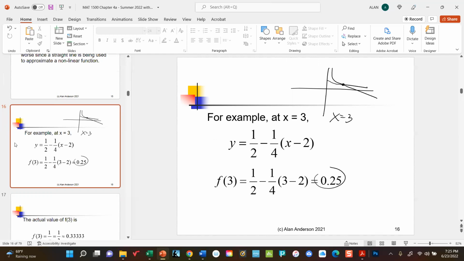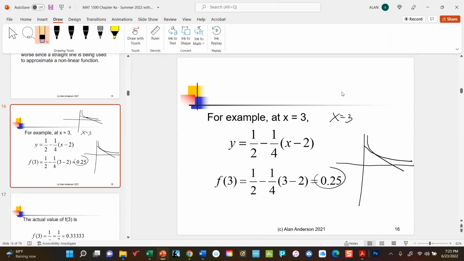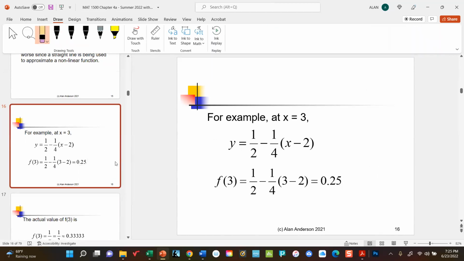Actually, I'm not drawing this very well at all. Let me try that again. Okay, let's, oh my God. It's really hard to do this unless you have a large graph. Let me try that again.